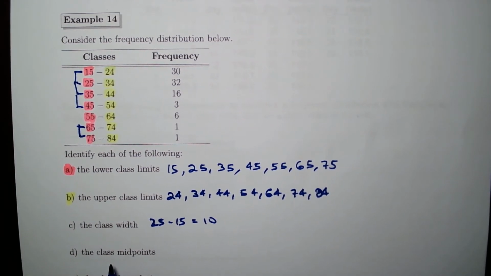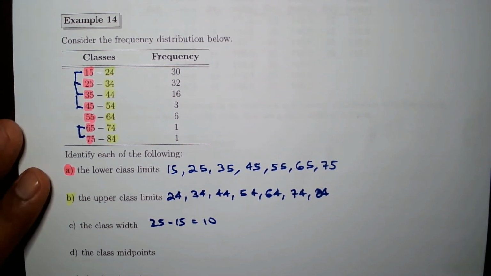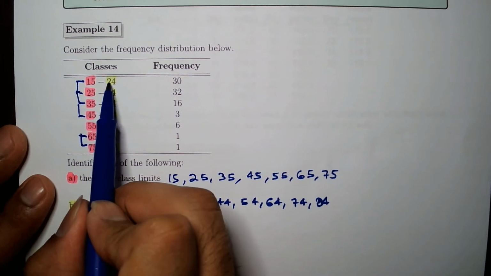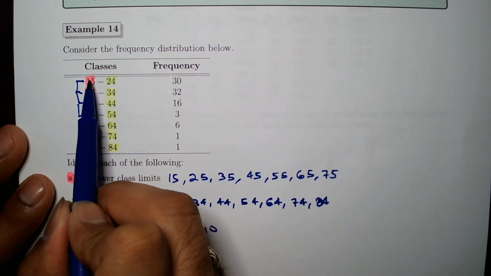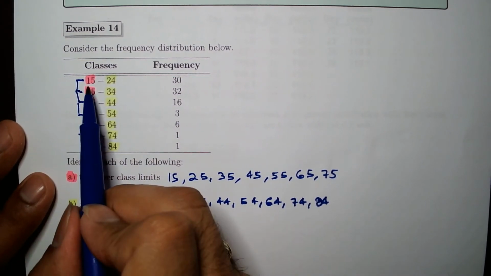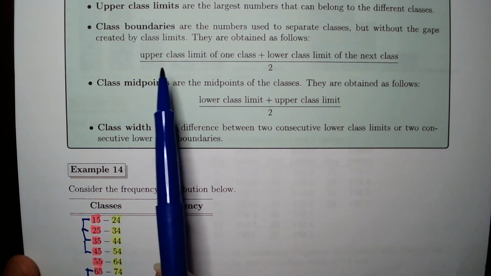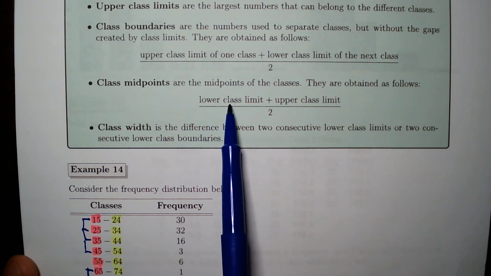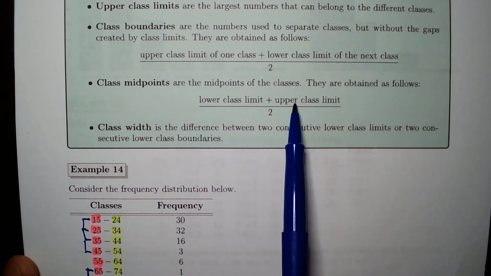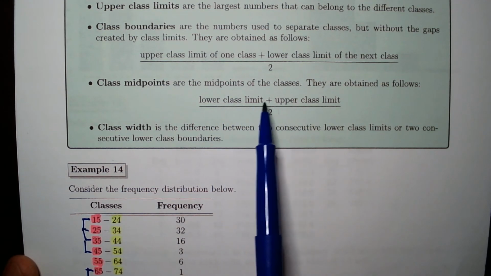Class midpoints. For the class midpoints, we're going to find the number that lies exactly in between each class. We take the lower class limit plus the upper class limit of the same class and then divide by 2.